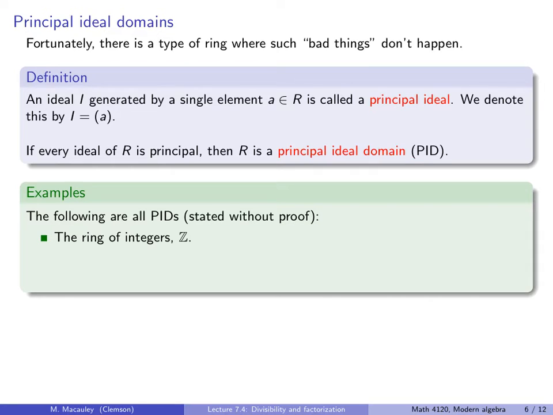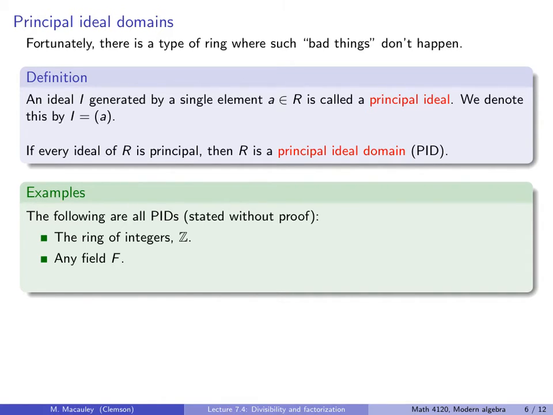Let's do some examples. The following are all PIDs. I will state this without proof, although some of these we will come back to later. First of all, the ring of integers is a PID. Next, any field is a PID. And this is actually pretty easy to see.